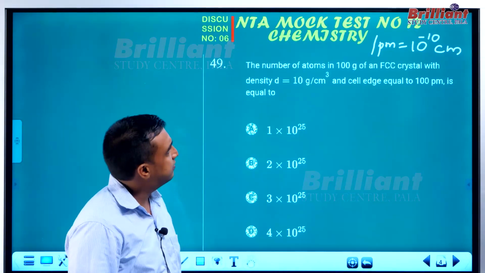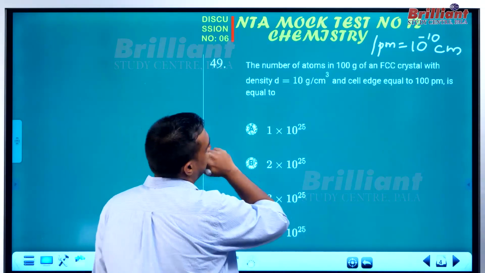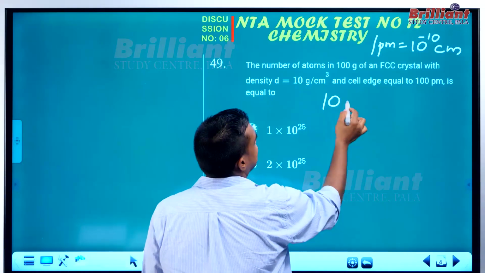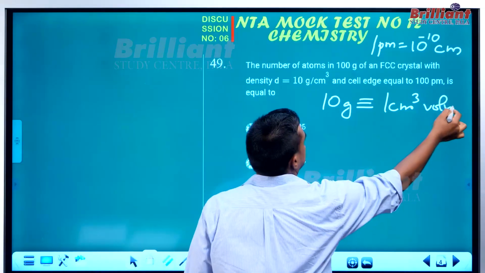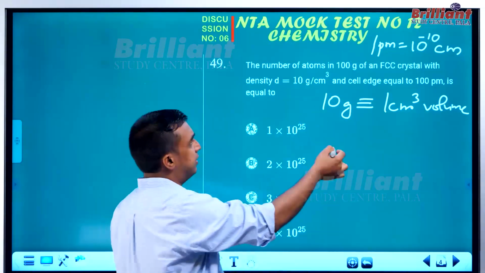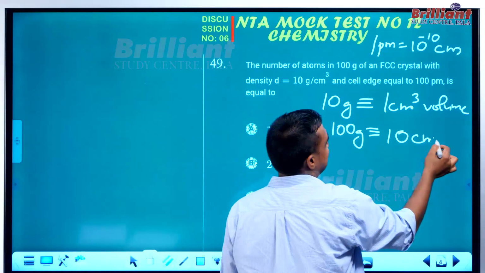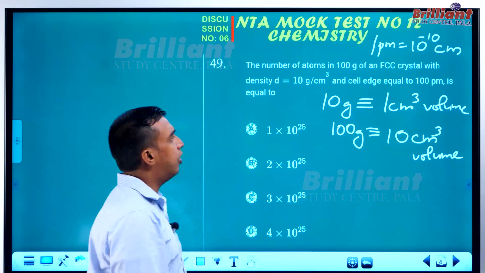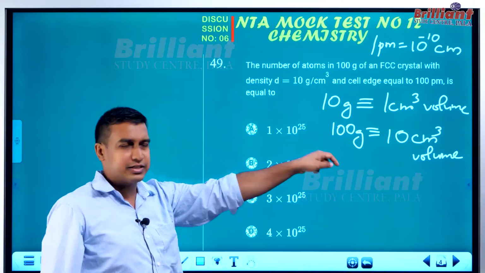So I know that 10 gram of the crystal will have 1 centimeter cube volume. But 100 gram of the crystal will have 10 centimeter cube of volume. So the volume of 100 gram is 10 centimeter cube.